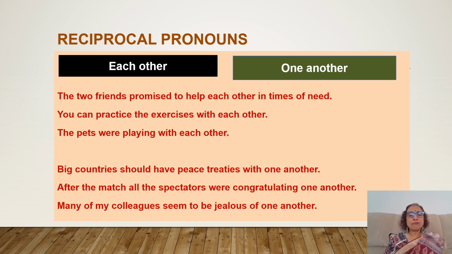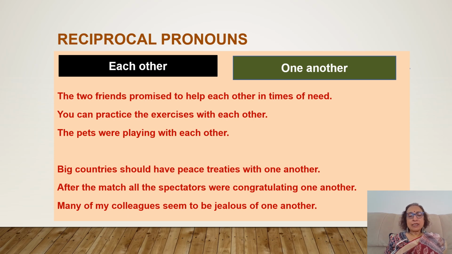Big countries should have peace treaties with one another. Big countries, now there are many, many countries. So one another, a group larger than two. After the match, all the spectators were congratulating one another. All the spectators, maybe thousands, congratulating one another.